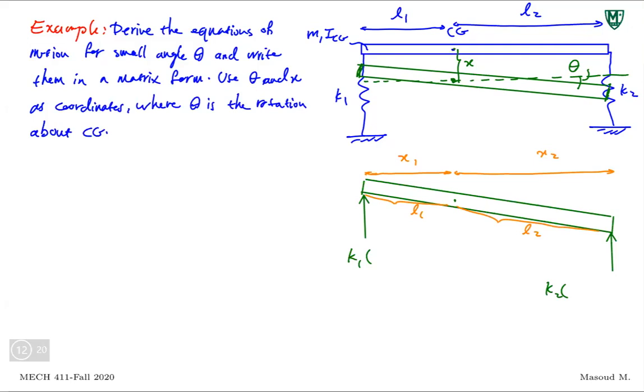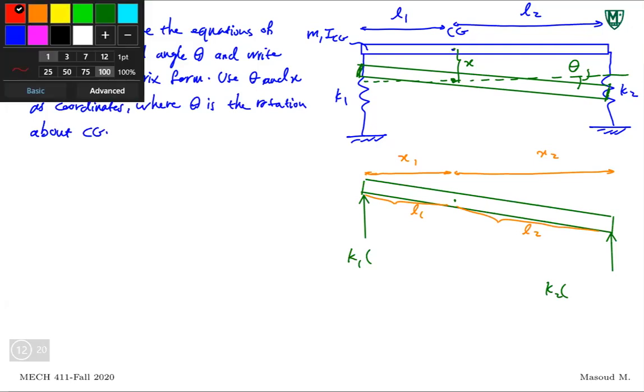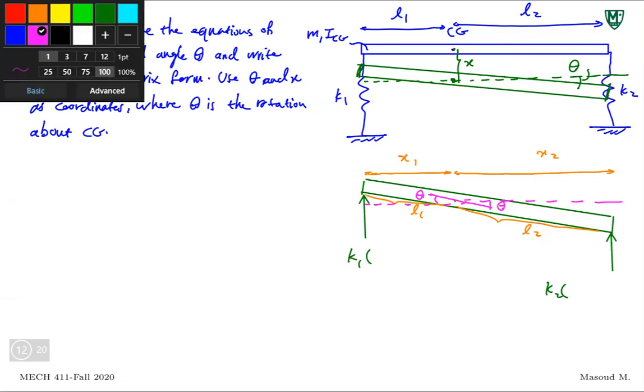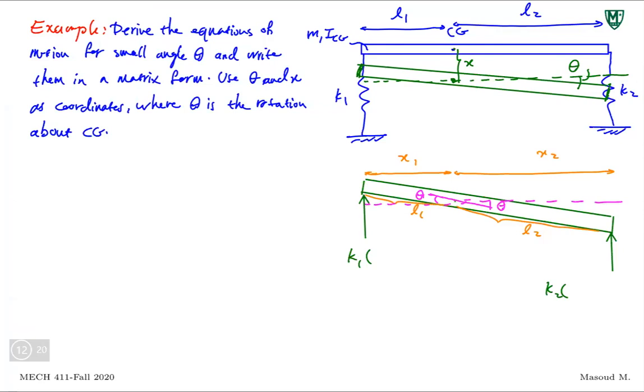Looking at these triangles, I'll use a different color so things are more clear. If this is theta, well, this is also theta, right? That's how it's rotated. So this distance right here is the amount that the spring is stretched.